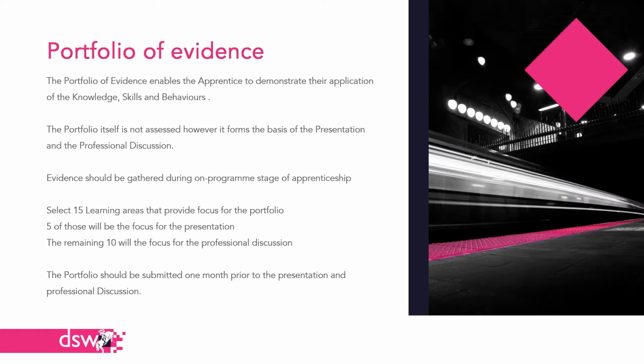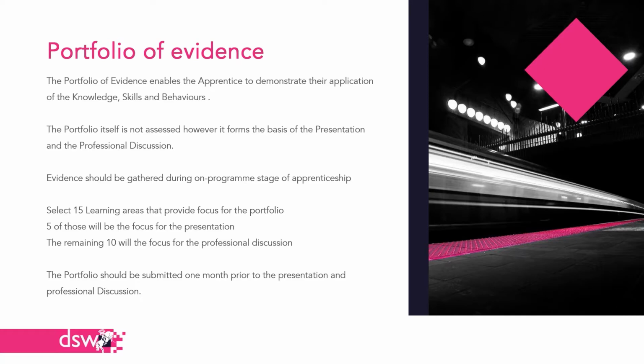Portfolio of evidence. The portfolio should be compiled from the best work gathered during the on-programme stage of the apprenticeship. It should enable the apprentice to demonstrate their application of the knowledge, skills and behaviours of the standard. The portfolio will be used to support the presentation, but it will not be assessed or graded. Although the portfolio is not assessed, building a strong portfolio gives the apprentice a solid foundation to use in the professional discussion.